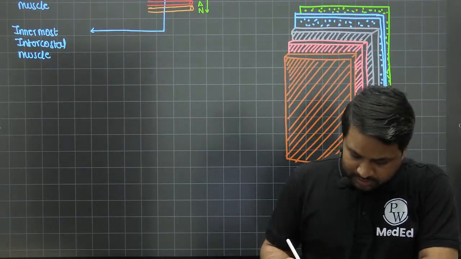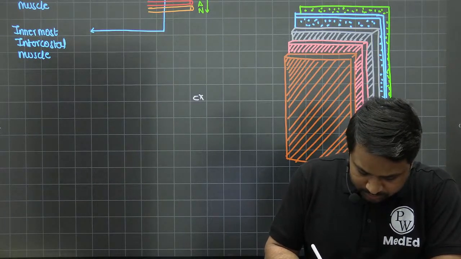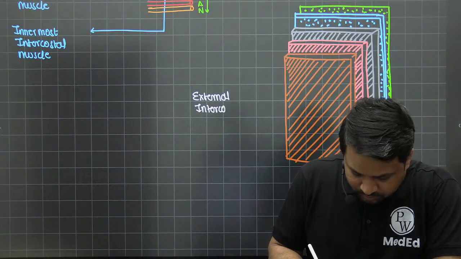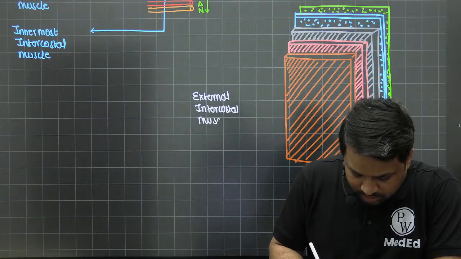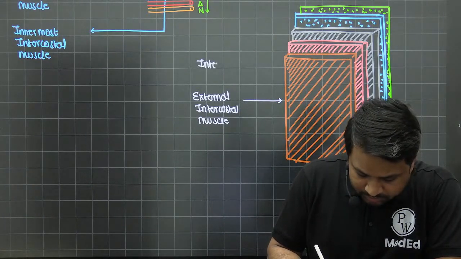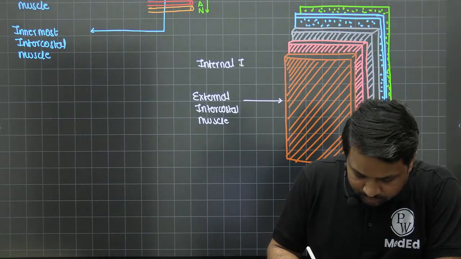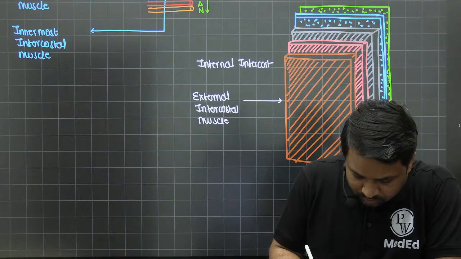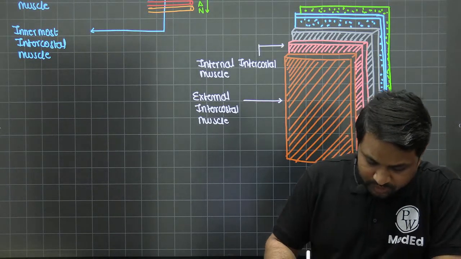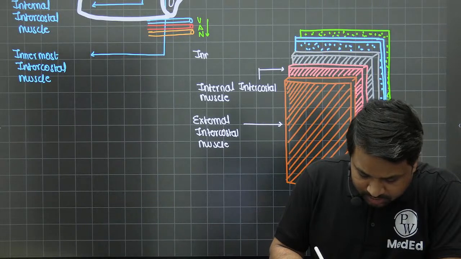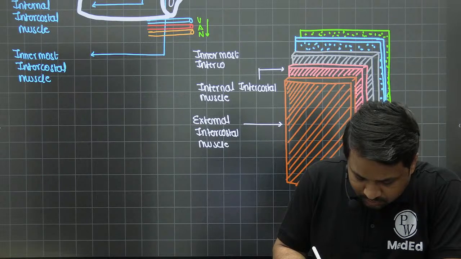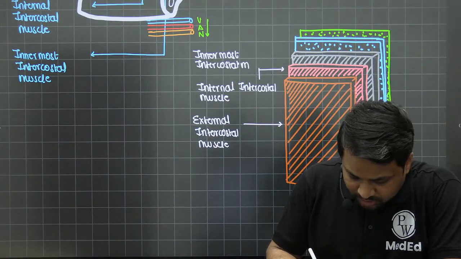Right. So this is going to be your external intercostal muscle. This is the external intercostal muscle. This happens to be your internal intercostal muscle. Then you have the innermost intercostal muscle.